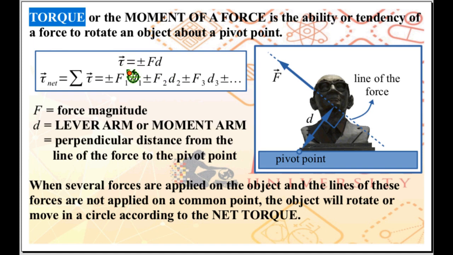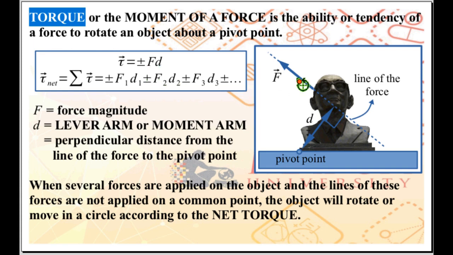It not only has magnitude, it has direction. The direction is signified by the plus minus sign. Again, by convention, plus for positive direction, counterclockwise, and minus for the negative direction, clockwise.